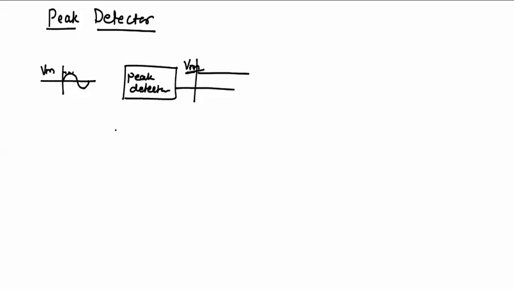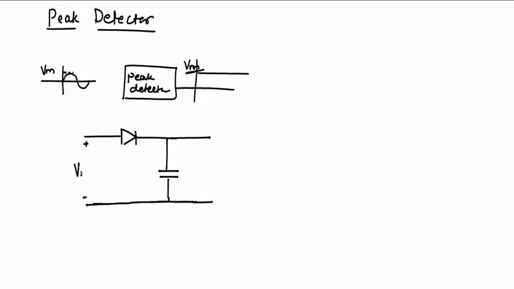The circuit diagram is very simple and it is much like a clamper. The positions of the diode and capacitor are interchanged, and here we have applied a sinusoidal waveform with maximum value Vm and minimum value minus Vm.